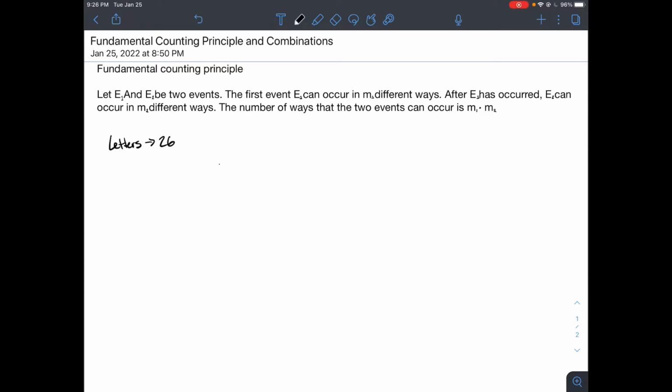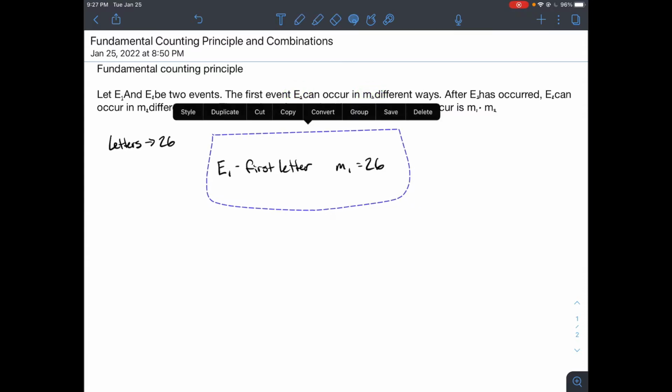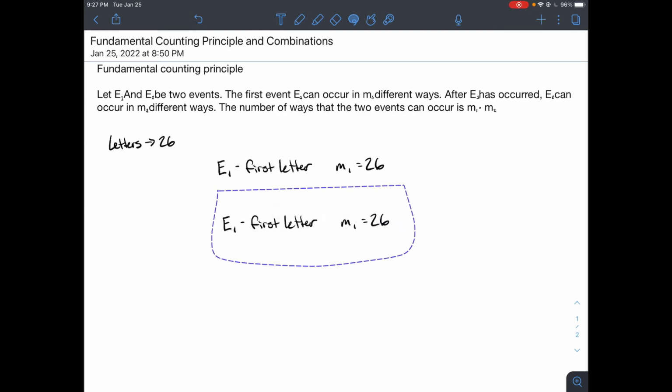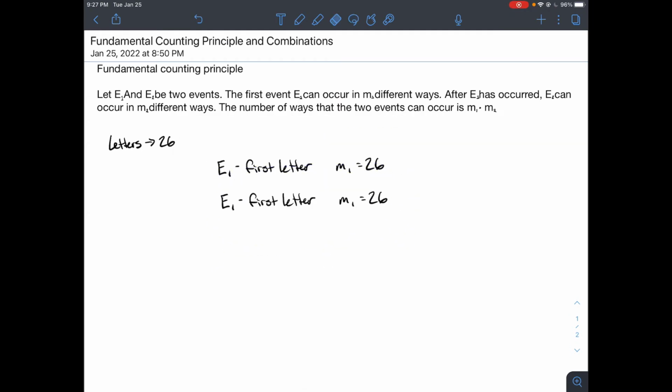So we could say E1 is our first letter, and then M1 is 26. So our first event, E1, can occur in M1 different ways. The first letter can have 26 different letters. We could do the same exact thing, copy, paste, because E2 can happen in M2 different ways.